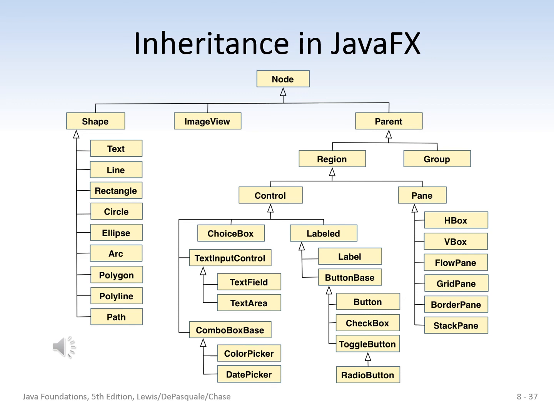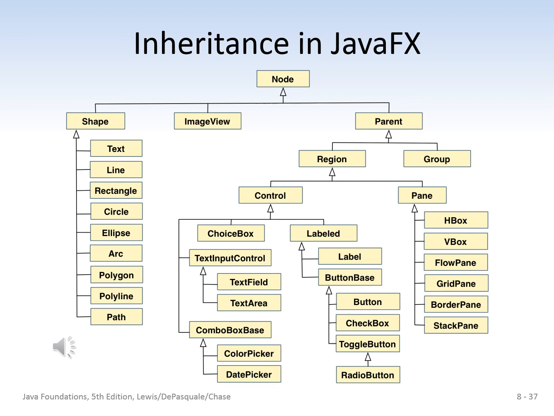This diagram outlines the inheritance hierarchy in JavaFX. Everything is a node, and children of the node are shape, image view, and parent. Let's go into the shapes.